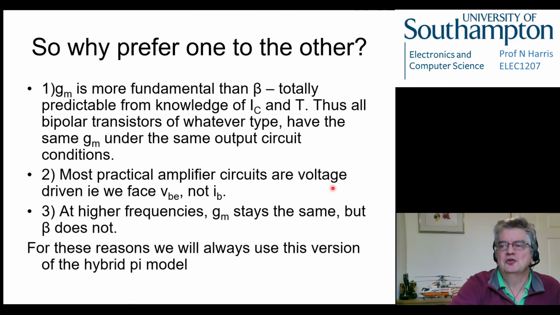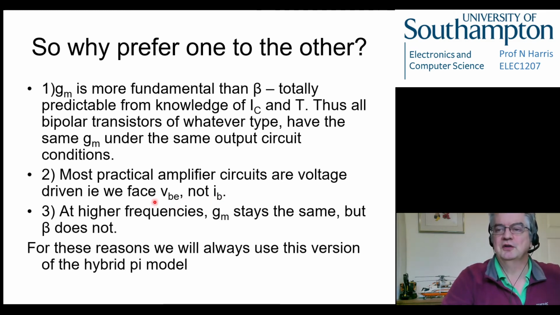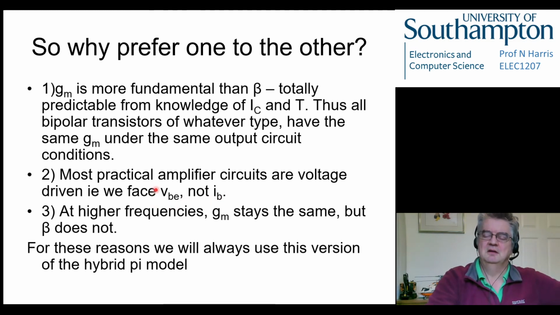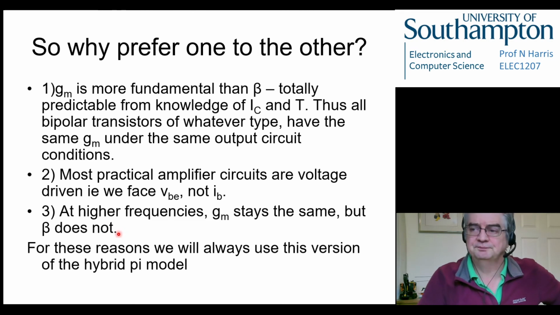Most practical amplifier circuits are voltage driven, so we are more interested in the voltage going in, and that will be VBE, and not so much IB, because it's usually some kind of potential divider circuit that's driving these circuits. And as a consequence of this and the fundamental stuff, at higher frequencies GM stays the same, but beta, which is the overall gain through the transistor, does not, because of various strange capacitance effects that go on at high frequency.